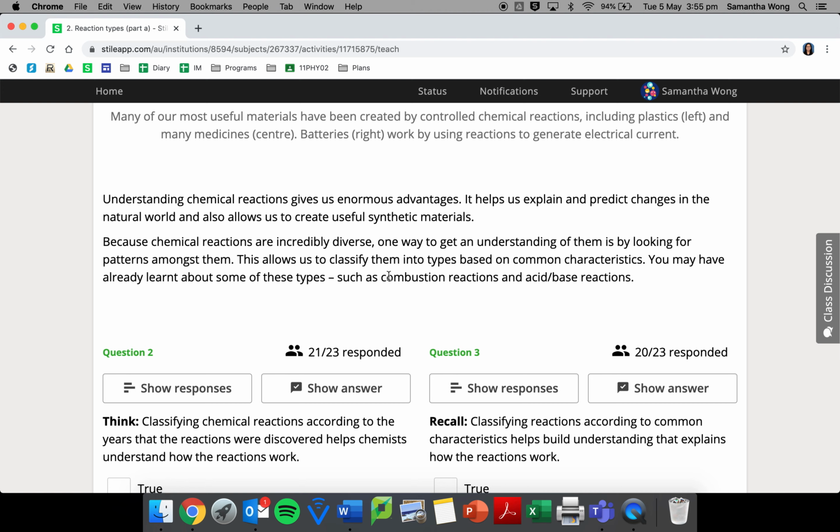This allows us to classify them into types based on common characteristics. You may have already learnt about some of these types, such as combustion reactions and acid-base reactions. So far, Year 10, we have looked at combustion reactions, not so much acid-base reactions. We will get into a bit of that later this term.